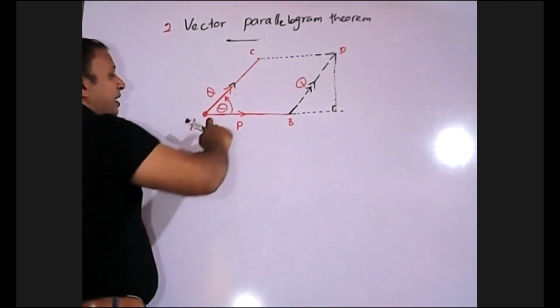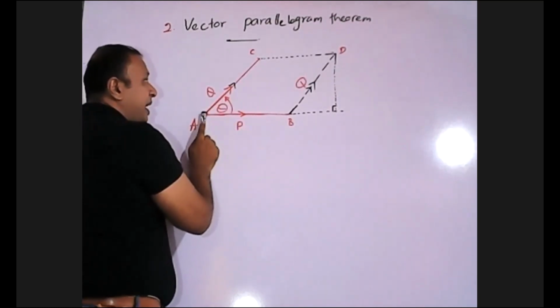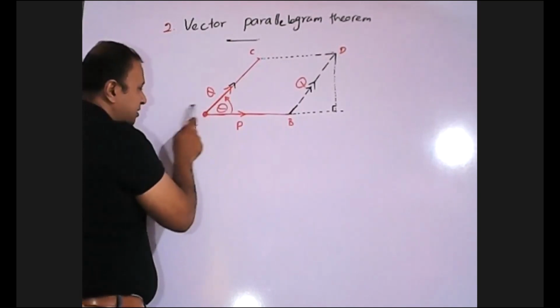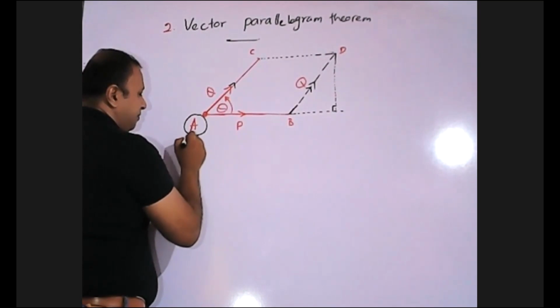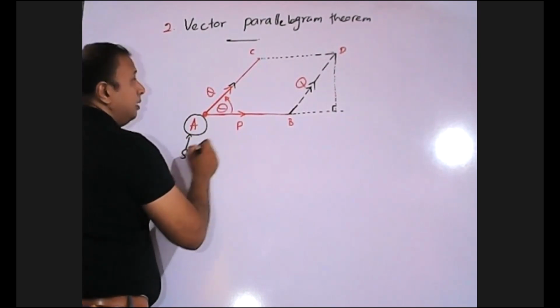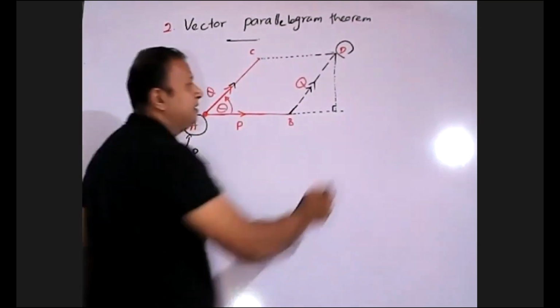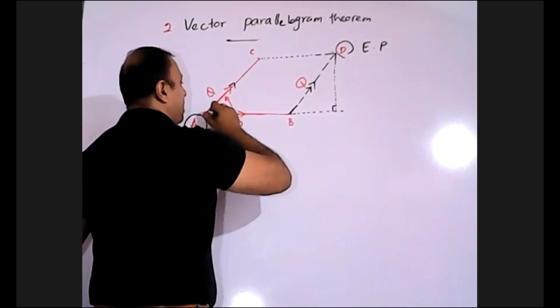Therefore, if I construct a vector from A to D, A is the starting point and D is the end point.